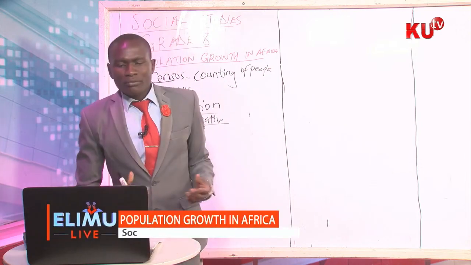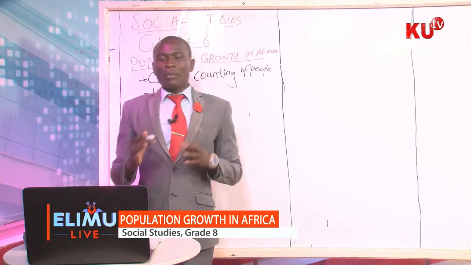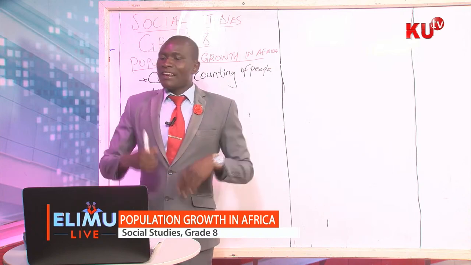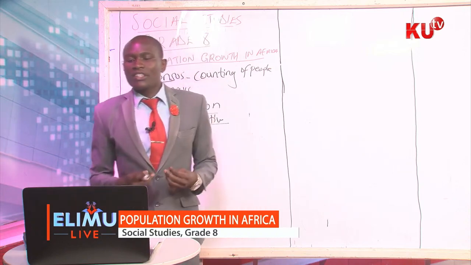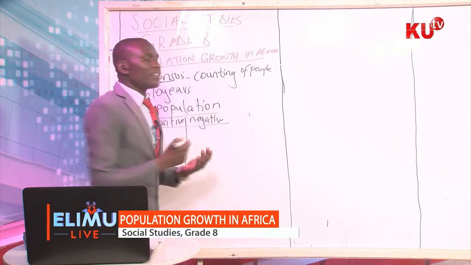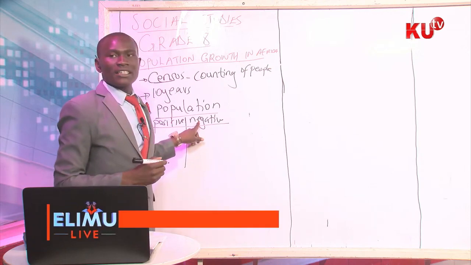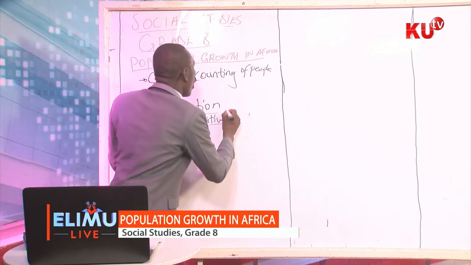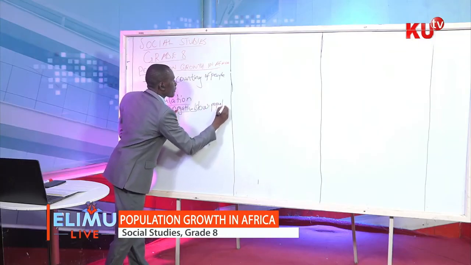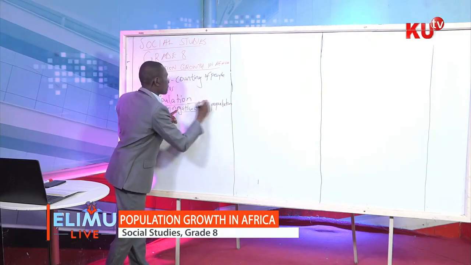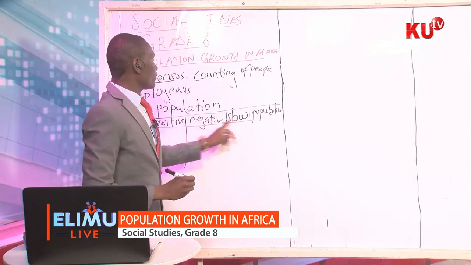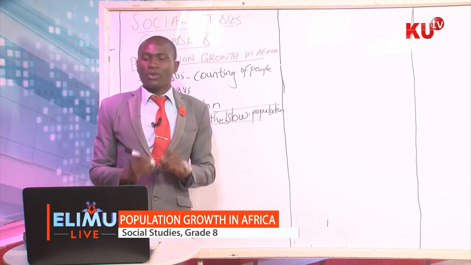And also, when we talk about a negative population or a positive population, what are we trying to say? Negative population occurs when people are leaving a certain country. We call that negative or slow population growth.